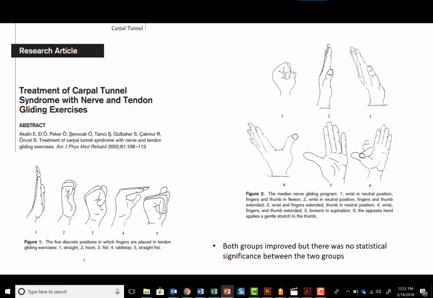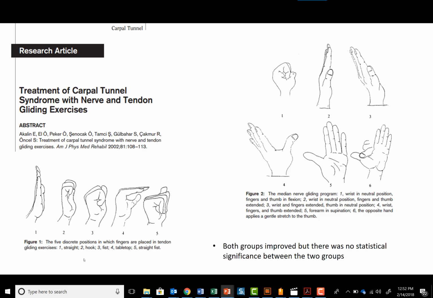You start in a straight hand and then you move into a hook hand. You then move into a fist, a tabletop, and a straight fist. And you move through these positions, and these are mobilizing those flexor tendons in the carpal tunnel syndrome. So this has been found to have some efficacy, some effectiveness of treating carpal tunnel, is working on these tendon gliding exercises.